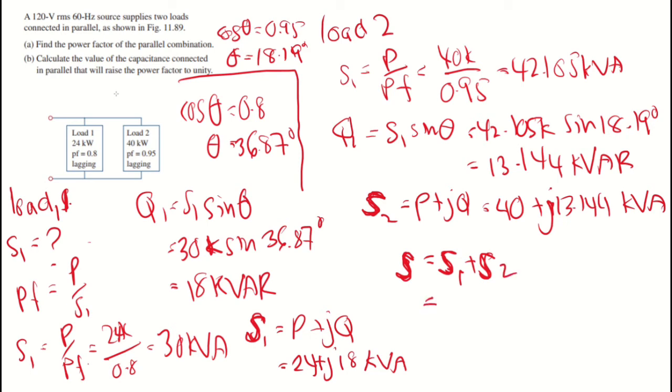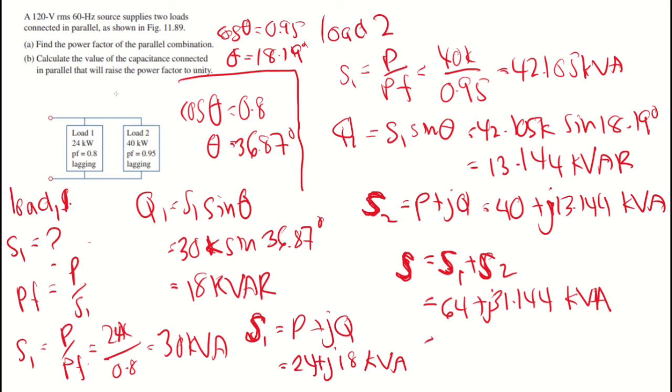If you add it up, you will get 64 plus j31.44 kVA.